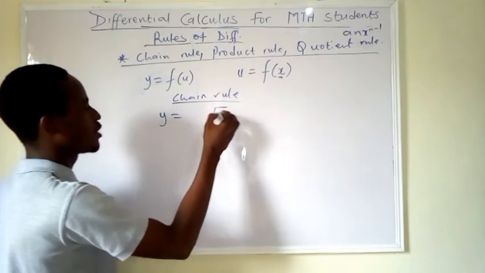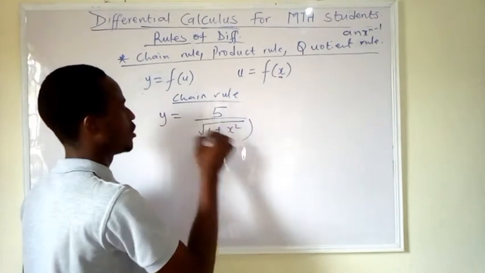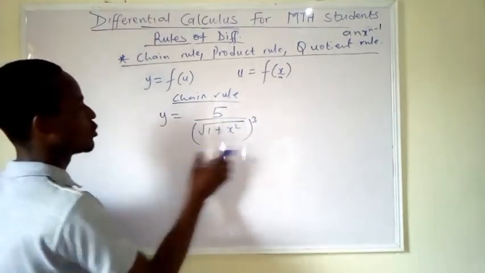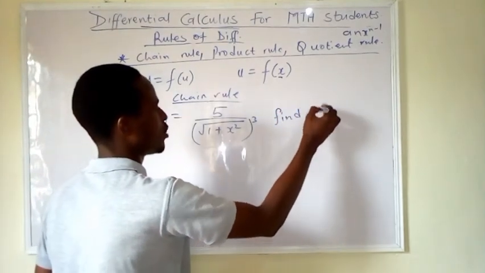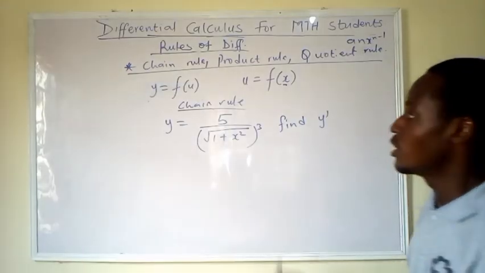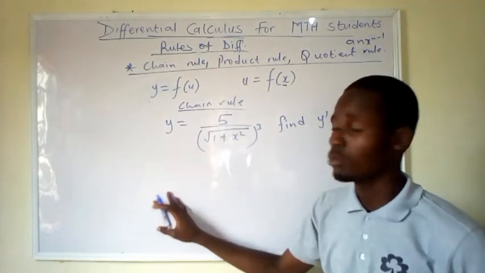y equals 5 all over the square root of (1 plus x squared) all raised to the power 3. So if I have this, I'm meant to find y prime. How do I go about that? What I'll do is change the expression to that of the previous one we solved.